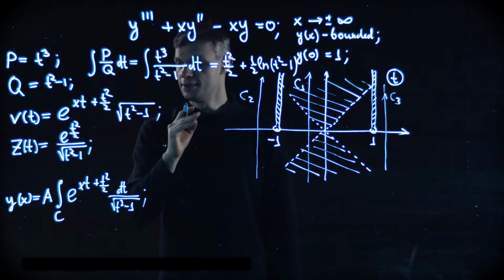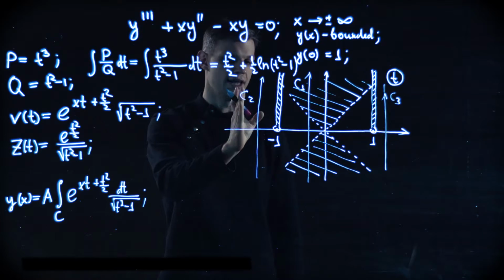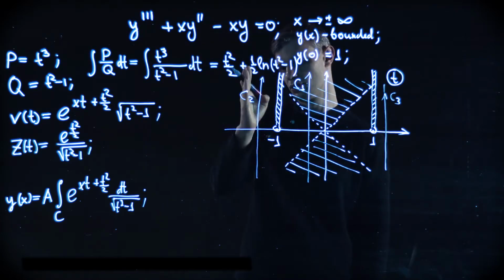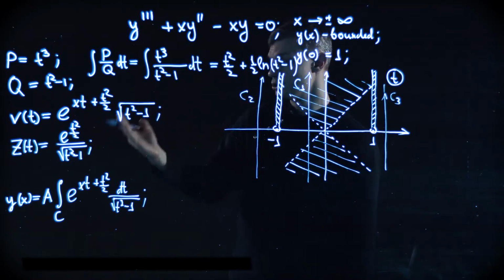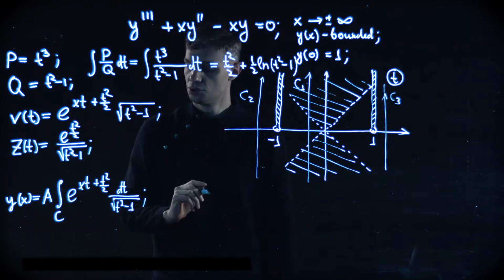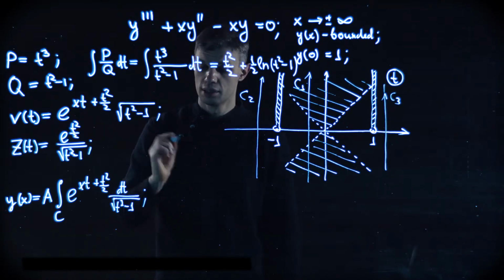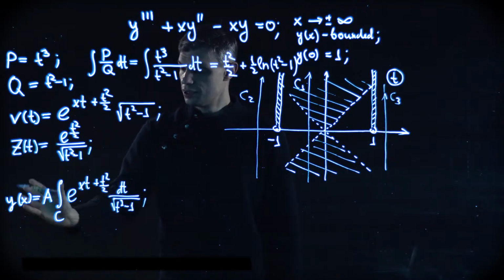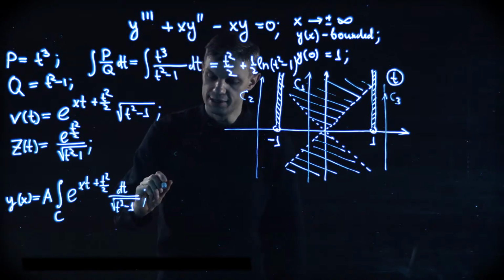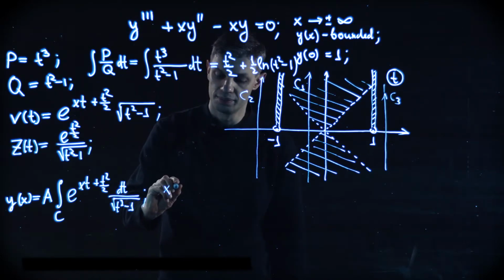So let's investigate the asymptotic over, for example, the left-hand side contour. So the asymptotic of the solution, which is defined by this C2 contour. So this is our Laplace type integral, and let's investigate its behavior when x is positive and large.